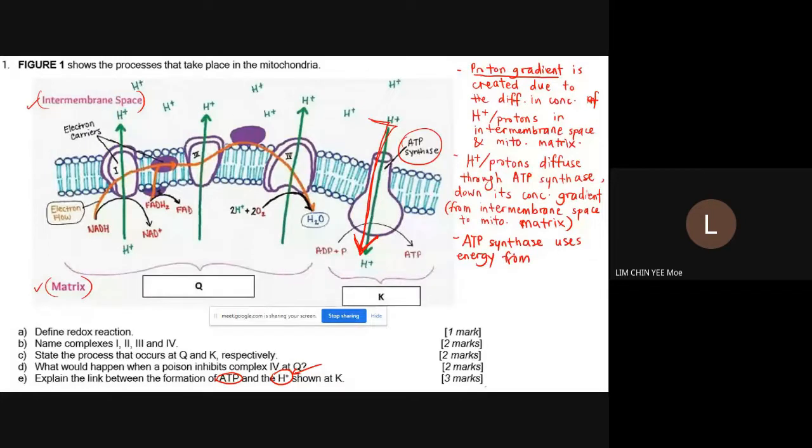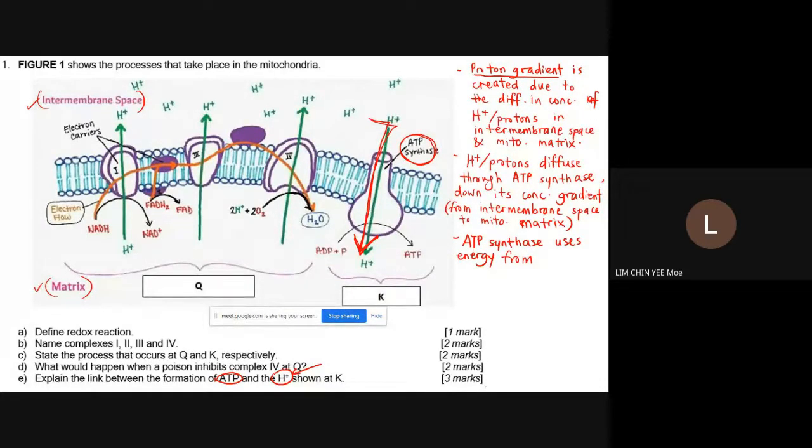Apa yang bagi energy ini? Dia activated sebab apa? Apa yang buatkan ATP synthase activate? Proton passes through. Good job.